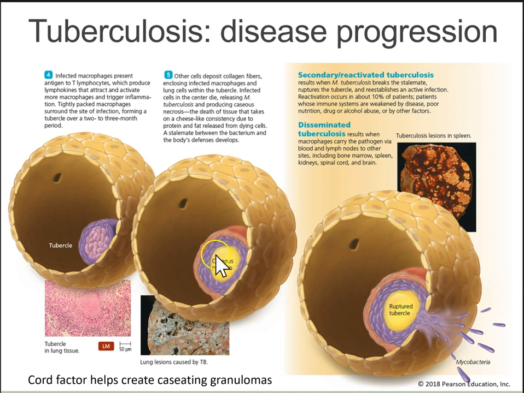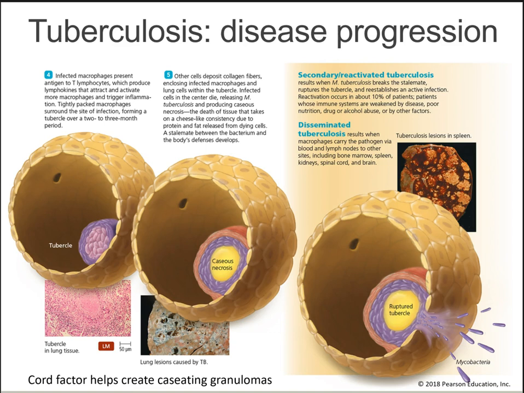So you remember from our earlier lectures that necrosis means death. We saw that in necrotizing fasciitis. So these are dead cells that eventually create these granulomas. The death of the tissue takes on a cheese-like consistency, and these are formed within the alveoli.